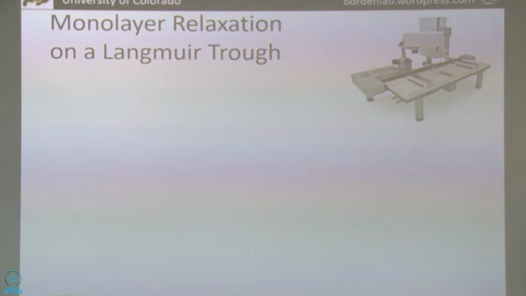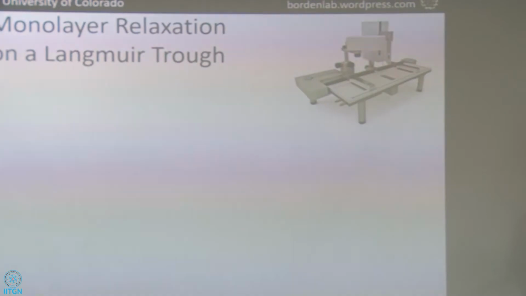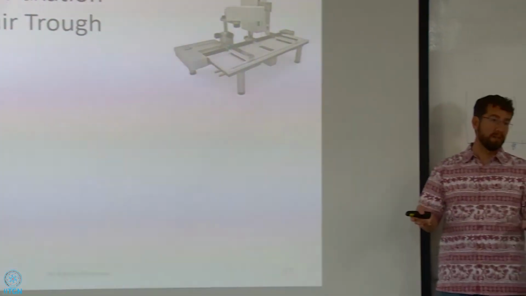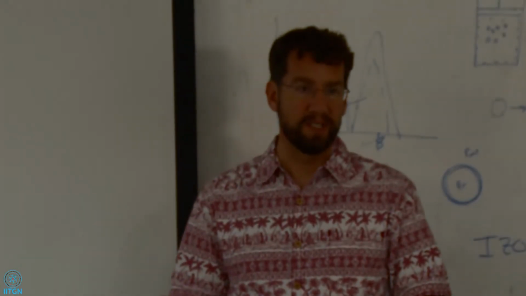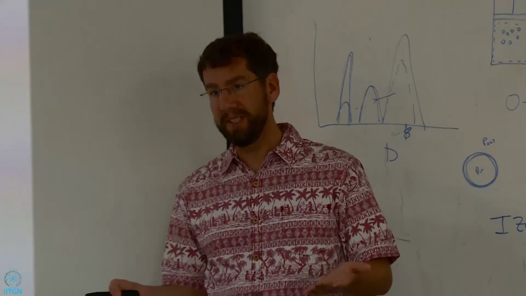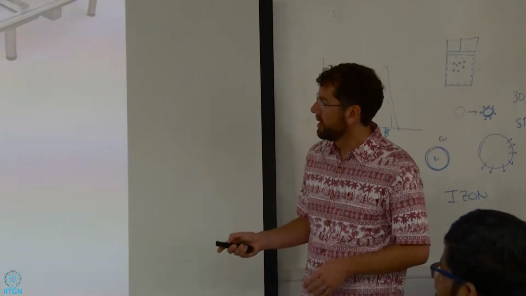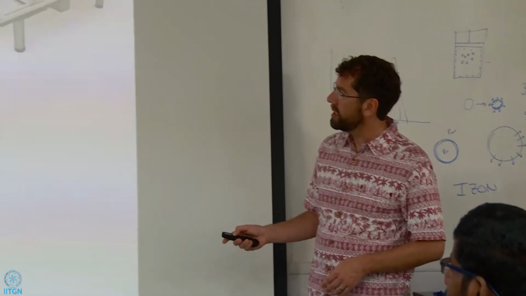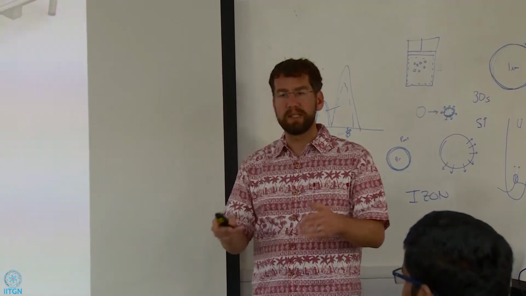So we looked in the literature, and nobody had done this experiment before, even though Agnes Pockels developed the Langmuir trough back in the late 1800s. So it's been around for over 100 years, and nobody had tried this experiment. So we went and did it. The experiment is, you compress the monolayer until it's fully compressed, okay?